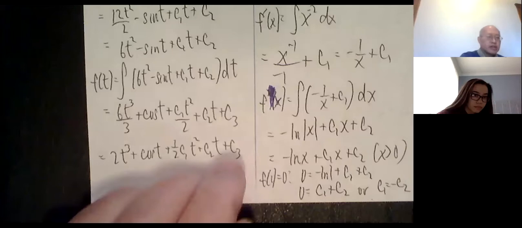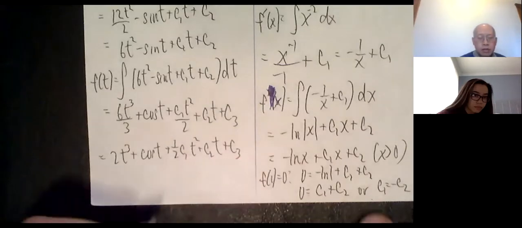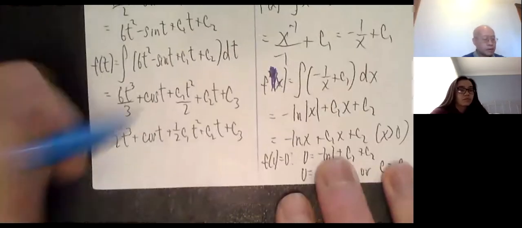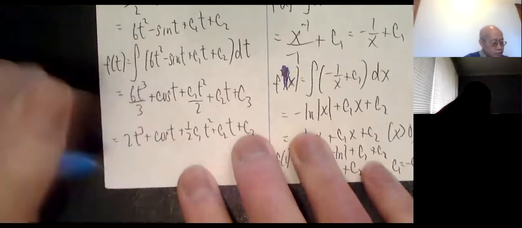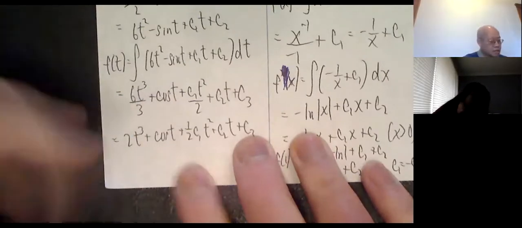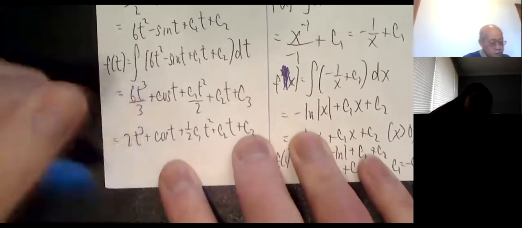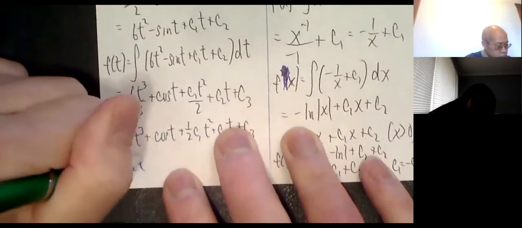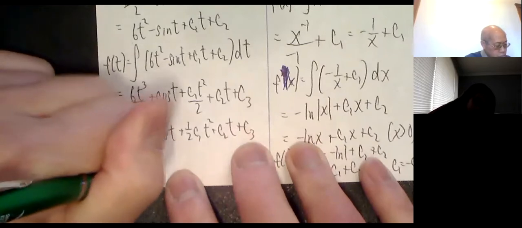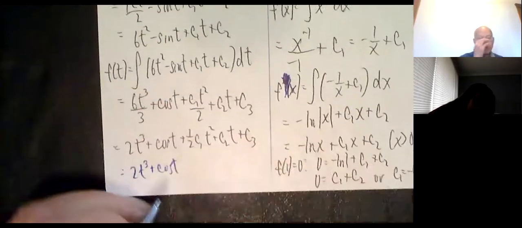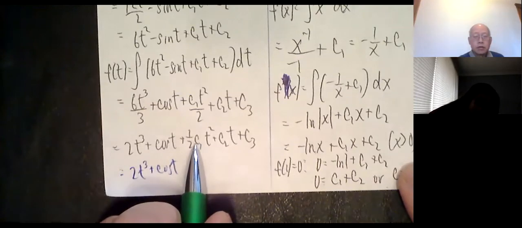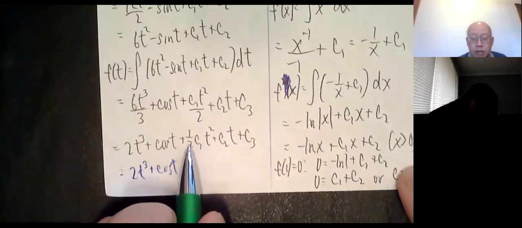Okay, I'm actually going to accept that answer, but I believe the back of the book just has this as C1, and I might be barking up the wrong tree for this one. Okay, 1/2 C1, I can get any real number with that.